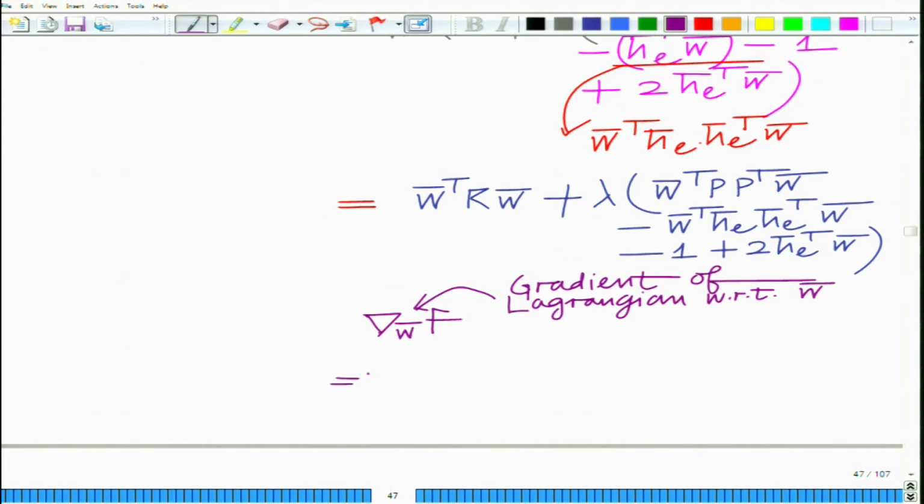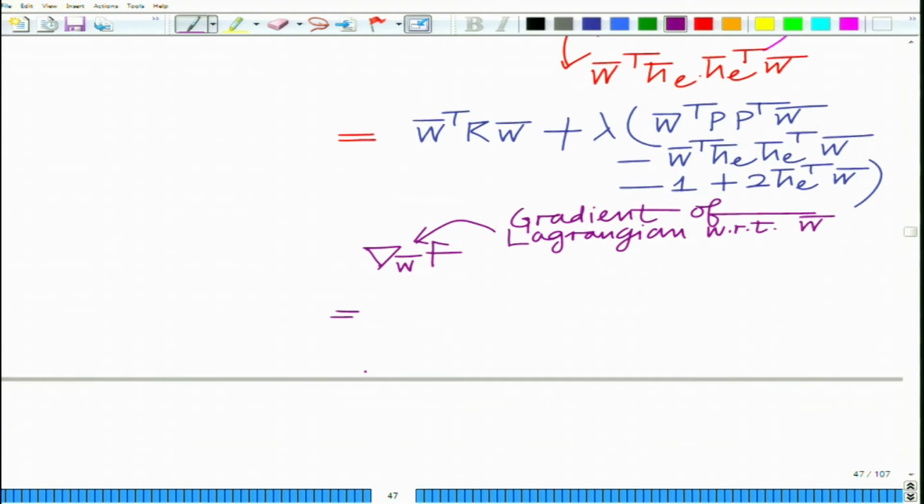And this will be equal to the gradient of the Lagrangian, where W bar transpose R W bar, you can clearly see this is twice R W bar, we know this, plus lambda times 2 P transpose W bar, minus twice again W bar transpose H bar E transpose W bar.